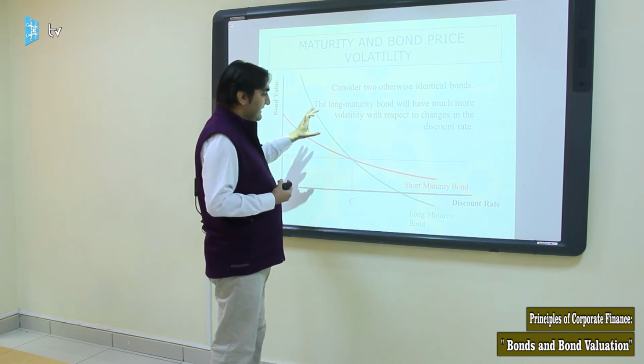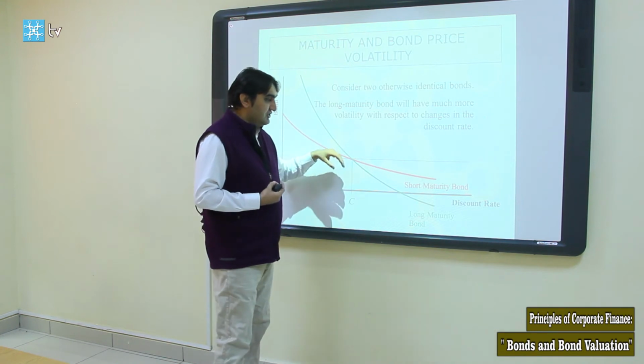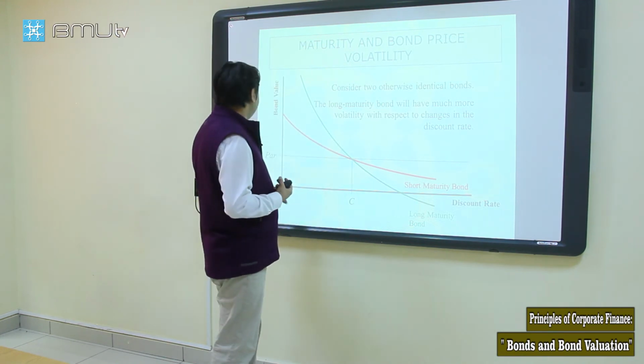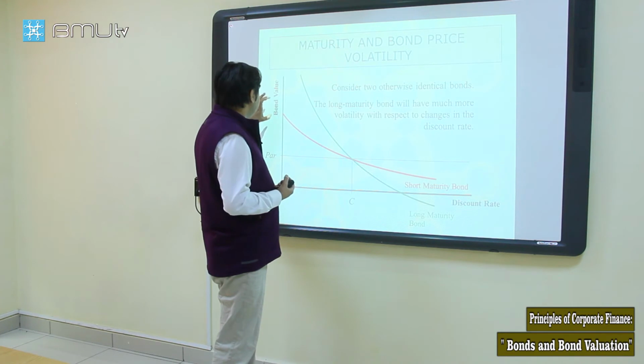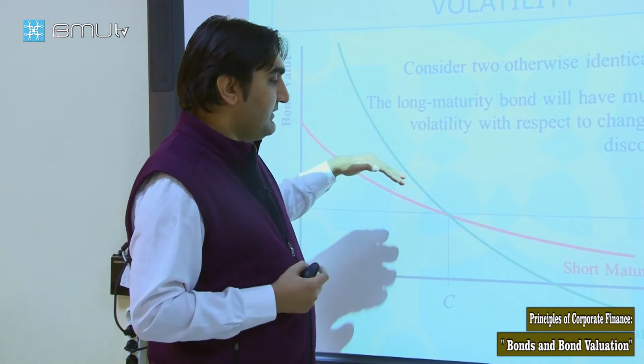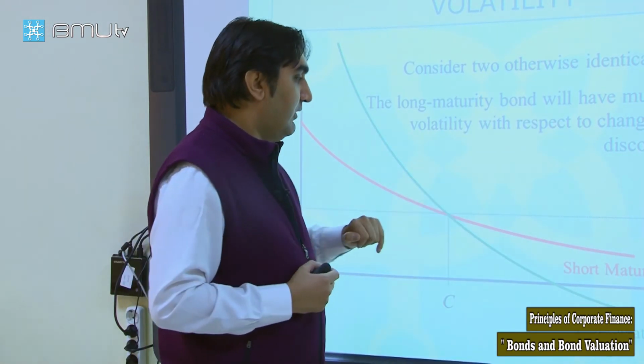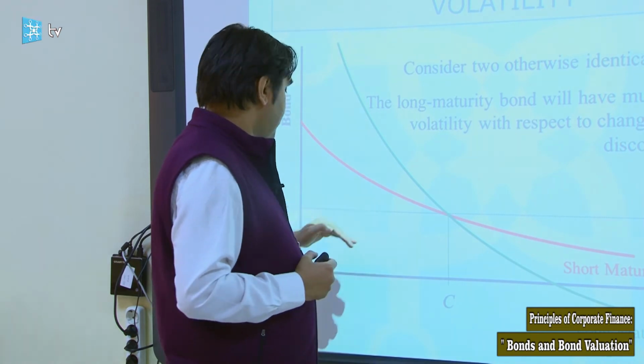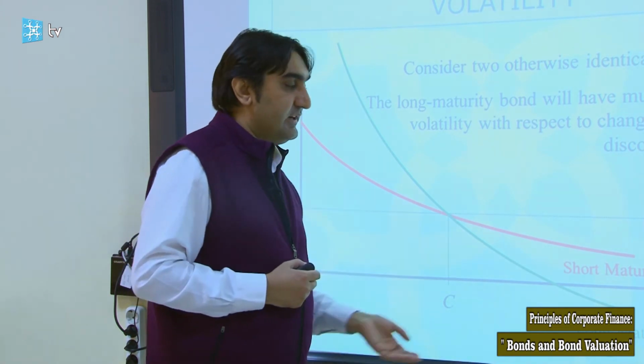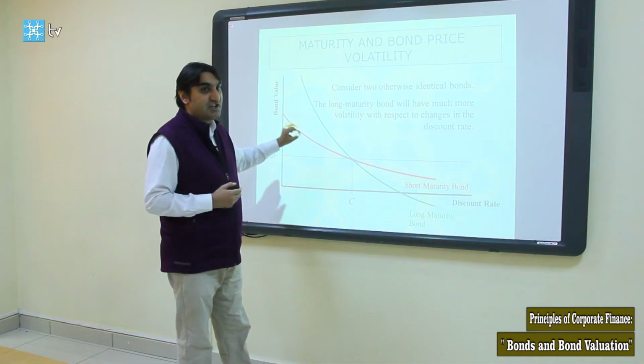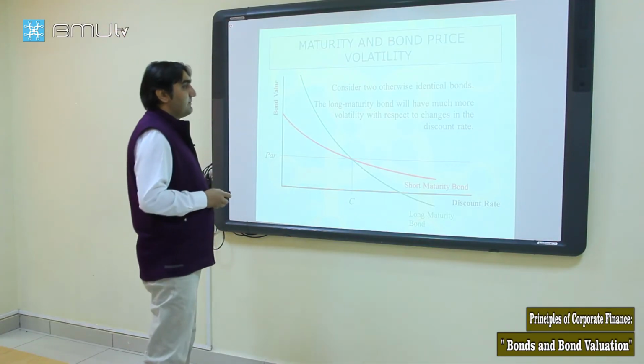Steeper means a small change in discount rate will yield a higher change in bond value. But the short-term maturity bond is less steep, so a change in discount rate will have less change in bond price.